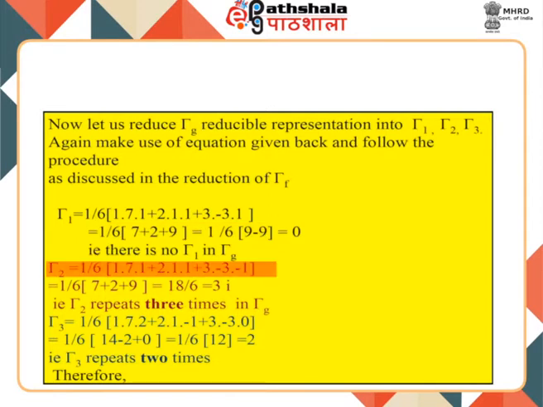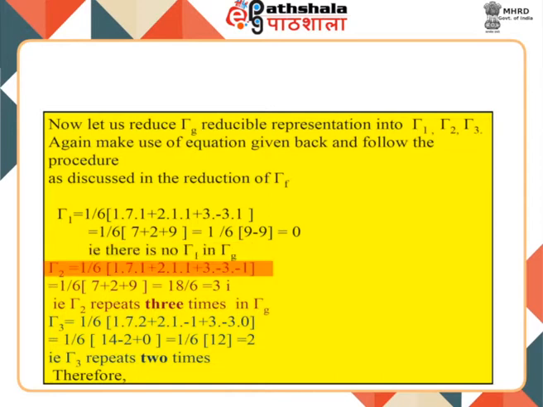Similarly for tau 2, 1 by 6 within bracket 1 into 7 into 1 plus 2 into 1 into 1 plus 3 into minus 3 into 1, that is 1 by 6 is equal to 7 plus 2 minus 9, 1 by 6, 9 minus 9, 0. There is no tau 1 in tau Z.